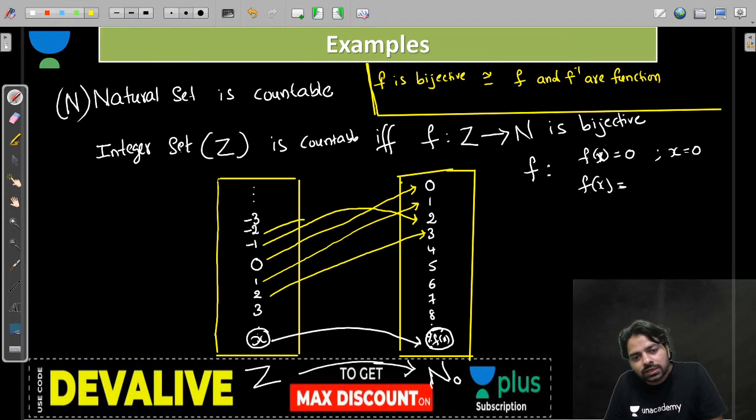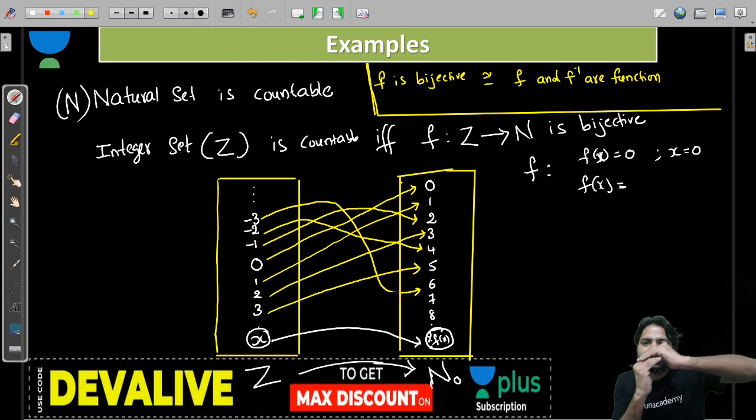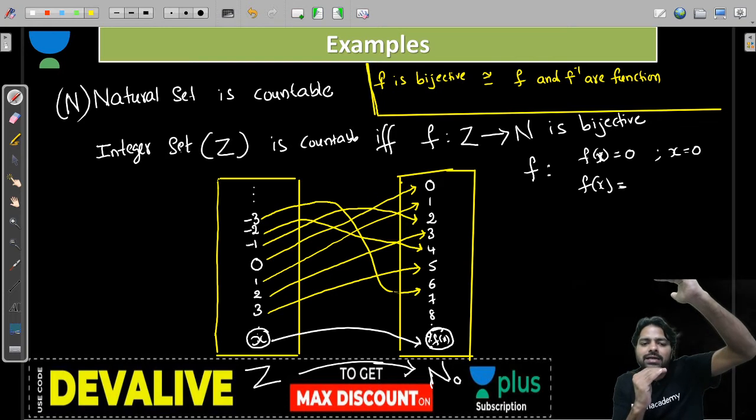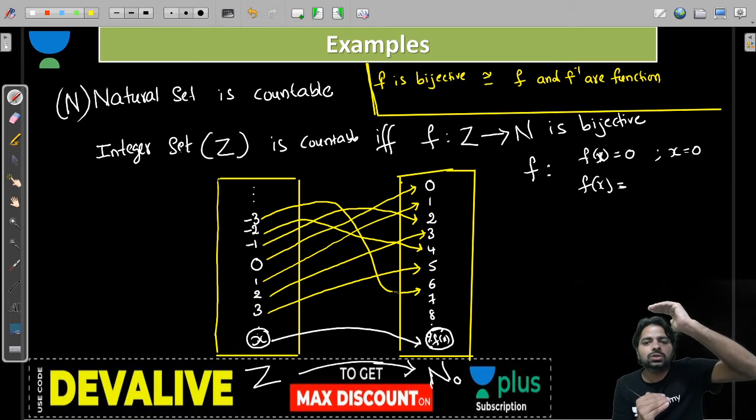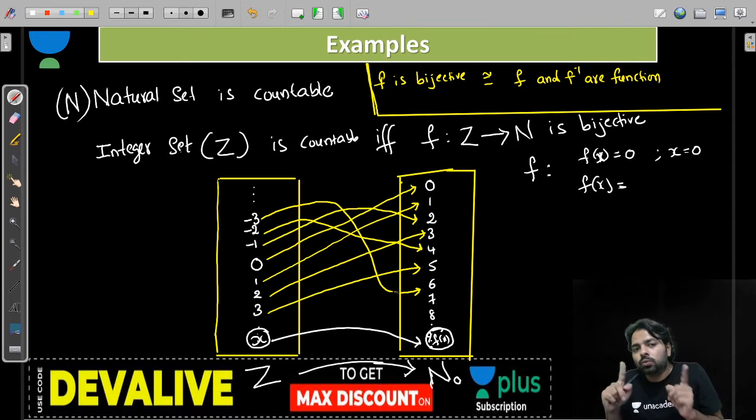But minus 2 is mapped to 4. And 3 maps to 5. And minus 3 is mapped to 6. And similarly, when you look at Z, the negative number side and positive number side both are able to map to some element of the natural set. Definitely there is a one-to-one correspondence.